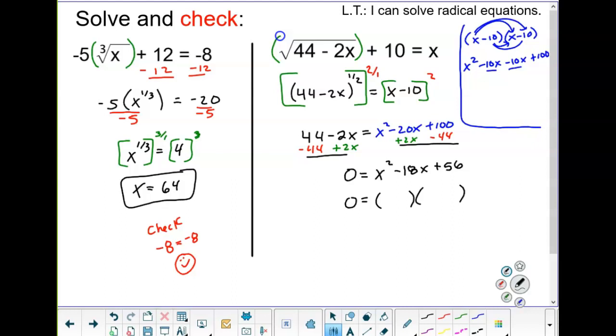Are those 18 units away? No. What about 4? 56 is 4 times 14. But what if they're both negative? So if you don't like this, you could do the box with the circle in it. But we factored that.